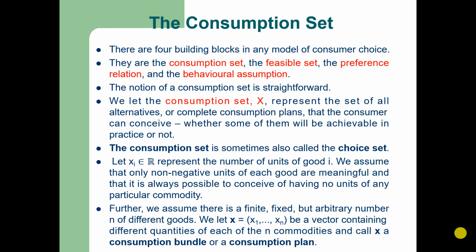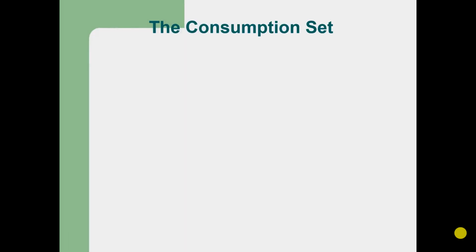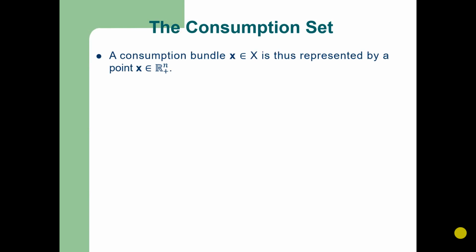We let consumption bundle X be a vector containing different quantities of each of the n commodities and call X a consumption bundle or a consumption plan. So, a consumption bundle X is in the consumption set and is thus represented by a point X in the non-negative orthant or non-negative Euclidean space.